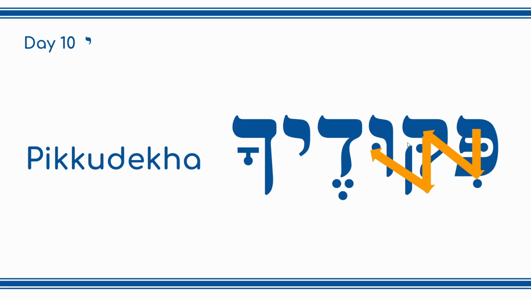So you get the k sound, and when vav has a dot in it, it means it's shurik, and it's making an oo sound, because the dot is like it hit vav in the gut, so it's groaning and making an ooh sound. So you get the k and the oo, so you go ku. So far the sounds we know are pi, ku.